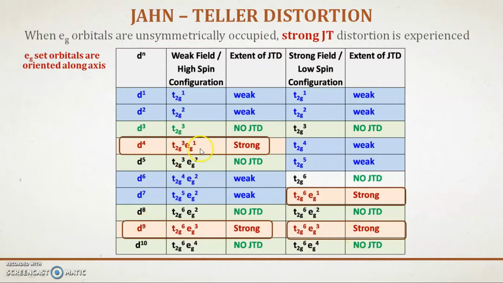In these cases, we see that this is eg1 in d4 high spin, in low spin d7 also it is eg1, and in d9 it is eg3. Now there is unsymmetrical distribution of electrons. That means the electron density is unsymmetrically distributed along the different axes, which leads to maximum distortion. That is why we call this case strong Jahn-Teller distortion.